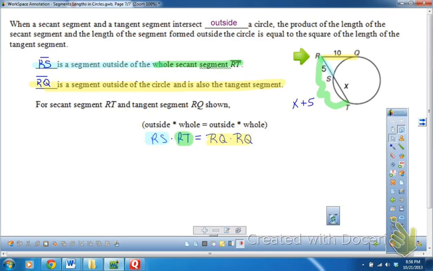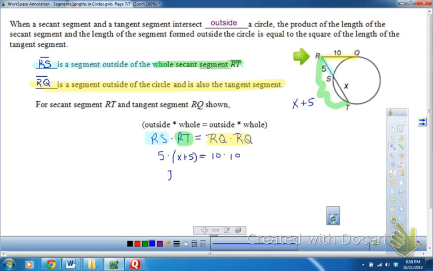So if I were to substitute the values for each of those, RS is 5, RT is x plus 5, RQ is 10, and RQ is 10.